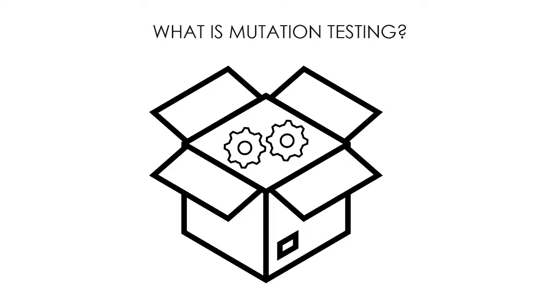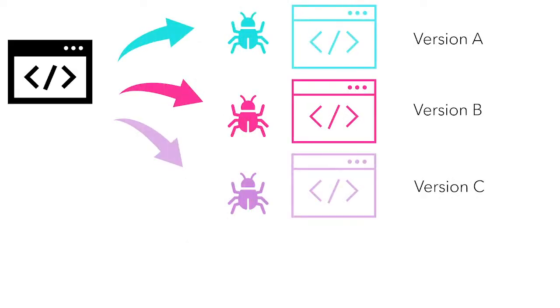So what is this mutation testing? It is a kind of white box testing because the code is visible to testers, and it is visible because the goal of mutation testing is to improve your unit tests quality. And how does it work?